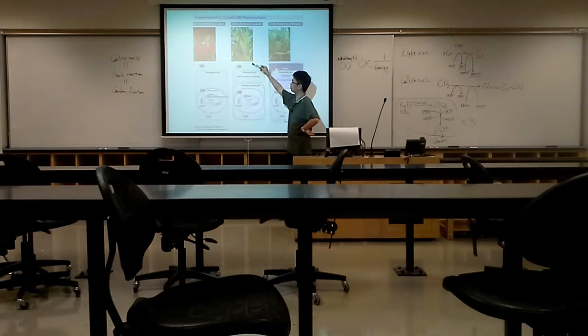So when carbon dioxide goes into the leaf, let's say during nighttime when the stomata are open, the mesophyll cell can convert carbon dioxide into a 4-carbon molecule for temporary storage. During daytime, when the stomata is closed, this 4-carbon molecule can go into the bundle sheath cell, and the bundle sheath cell will break down this 4-carbon molecule into carbon dioxide.